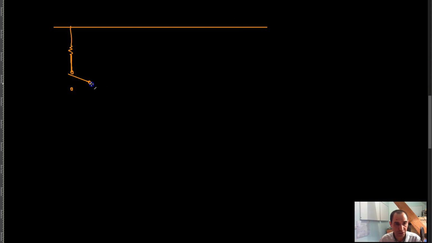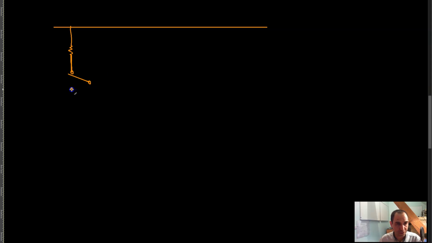So essentially what we have here is a circuit that has a switch over here, and you can imagine that this is a switch, and you have a resistor over here, and this goes to the positive rail, right?